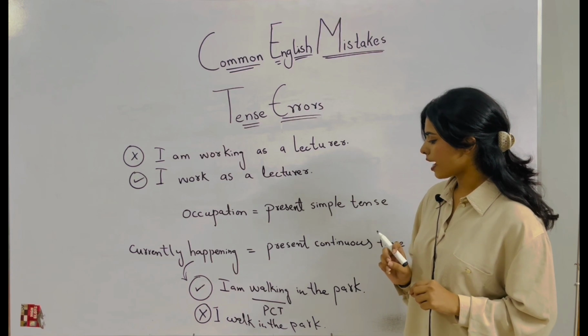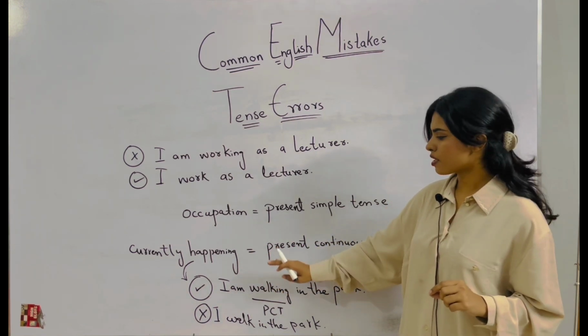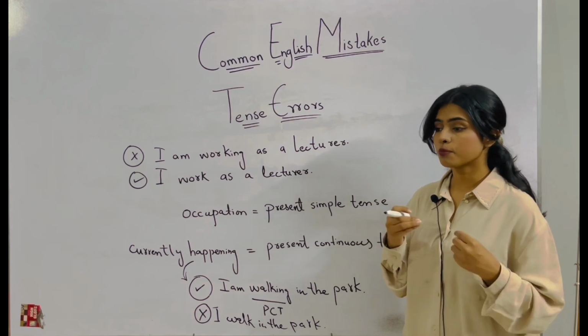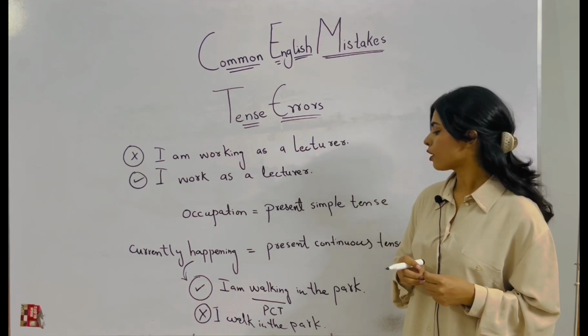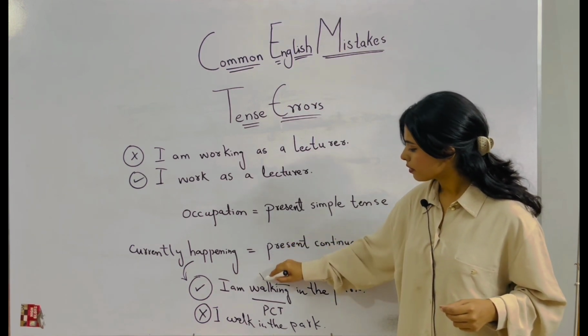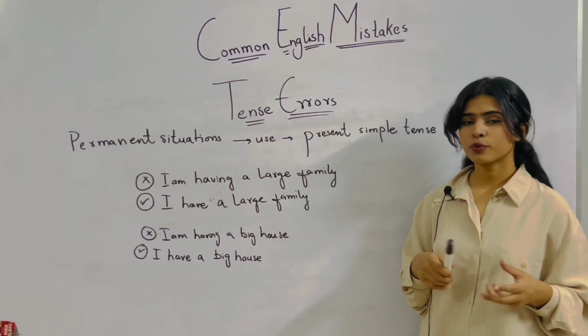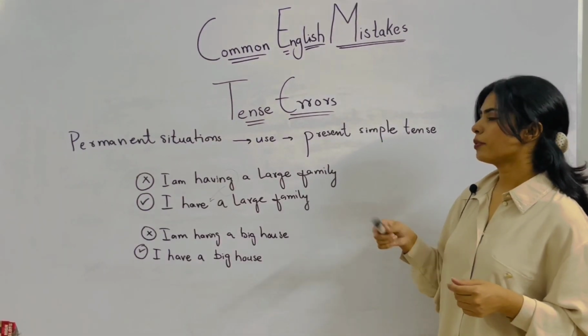So it's not exactly a routine right now, it's not an occupation, it's just something that is currently happening. So when we're talking about something that is currently happening, we're going to use walking, or a verb with ing. Correct?